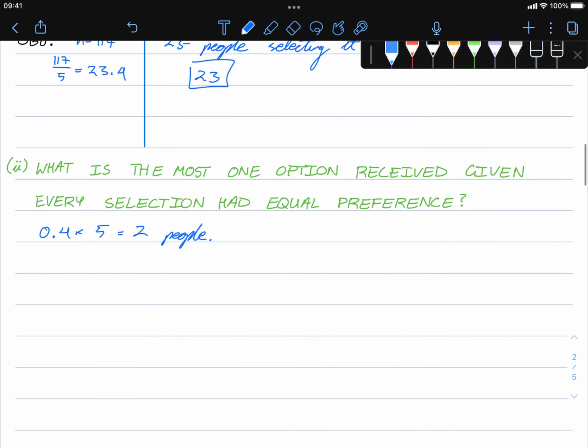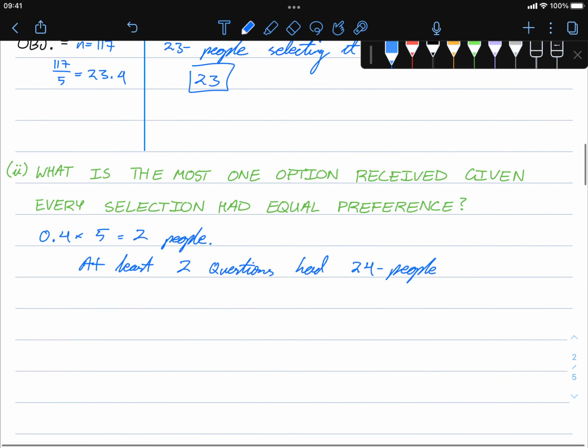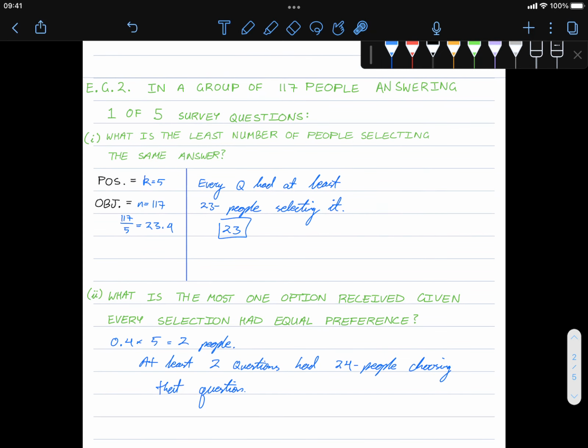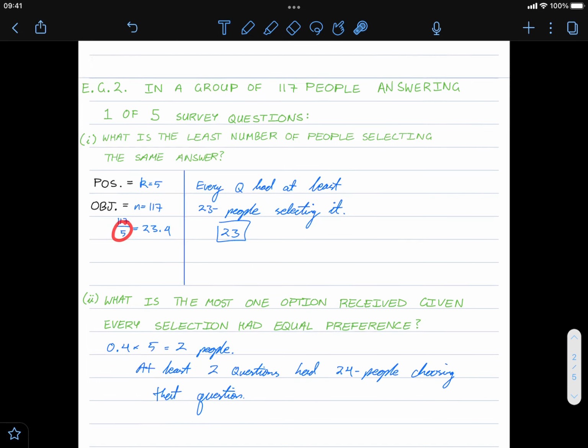In this case, that must mean that at least two questions had 24 people choosing that question. So I hope you're starting to see how working with that remainder against the number of positions works.